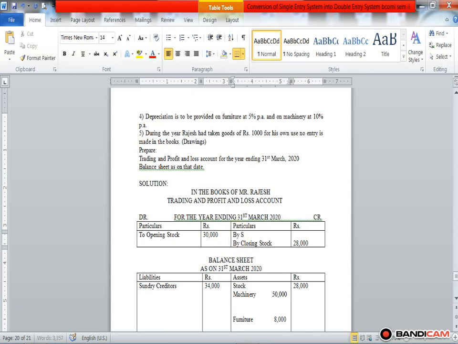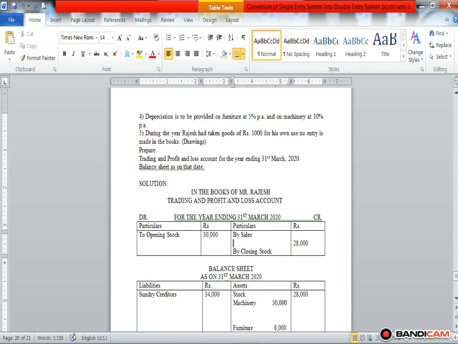Here, by sales, first cash sales amounted to rupees 12,000, because we have credit sales as well. So we write down the amount of cash sales in the inner column. Got it? Yes sir, got it.